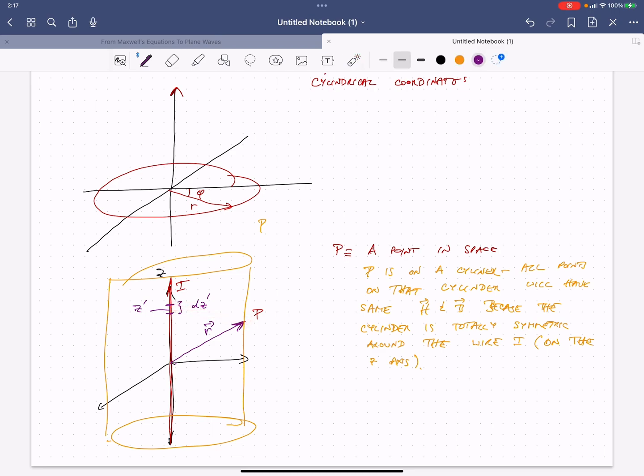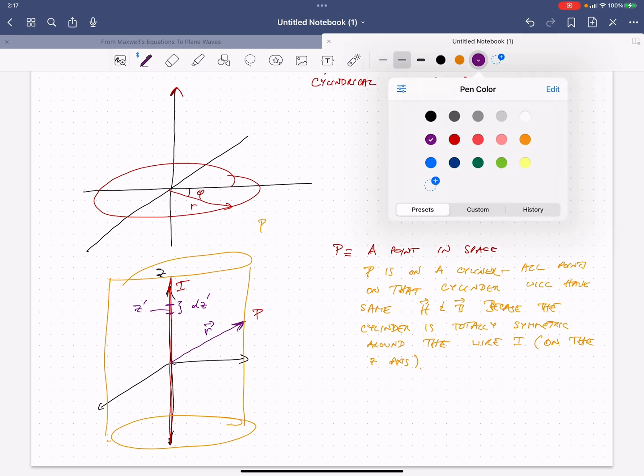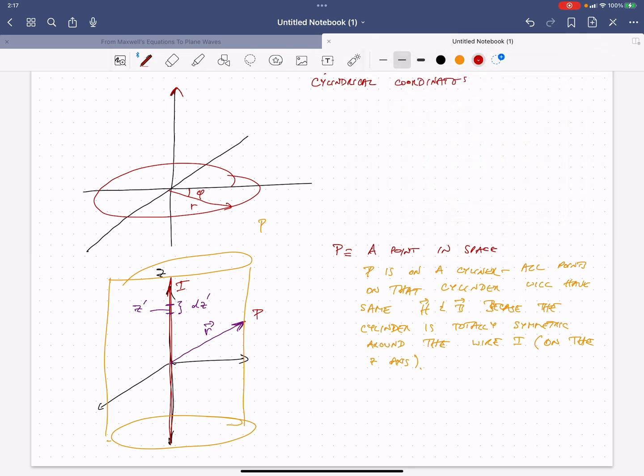Let's use red. I want to find this vector r.